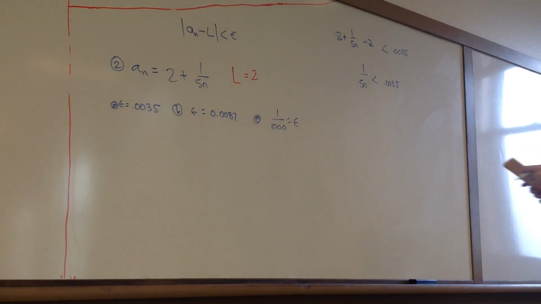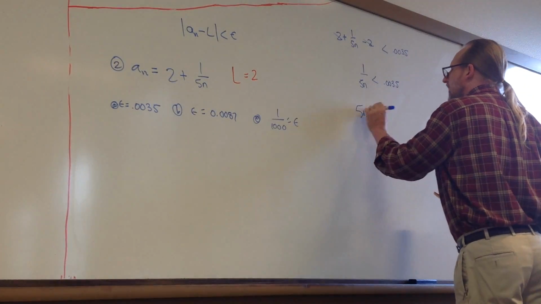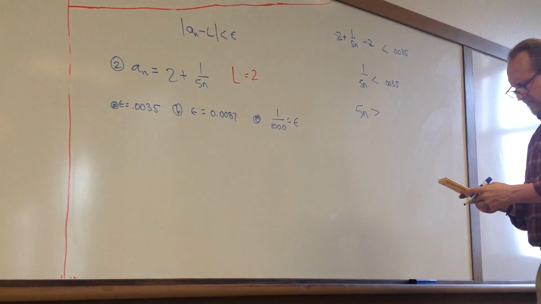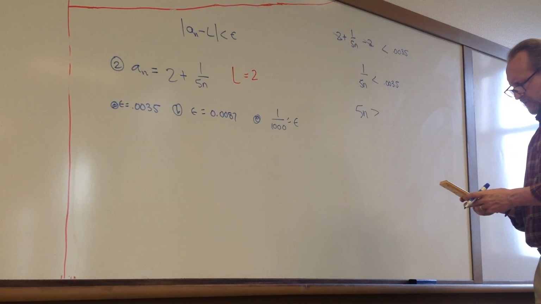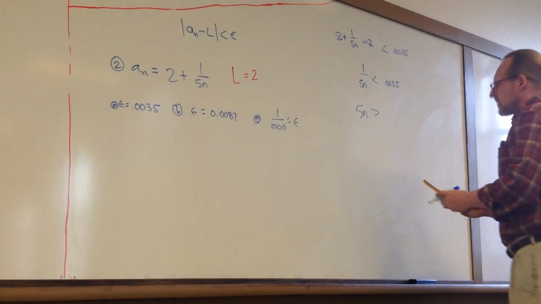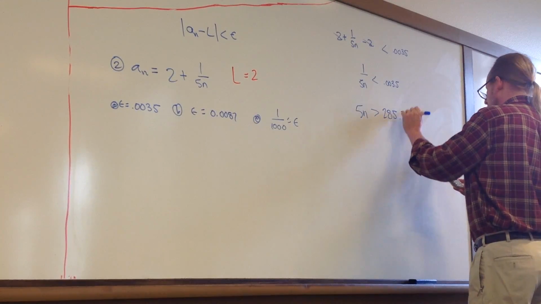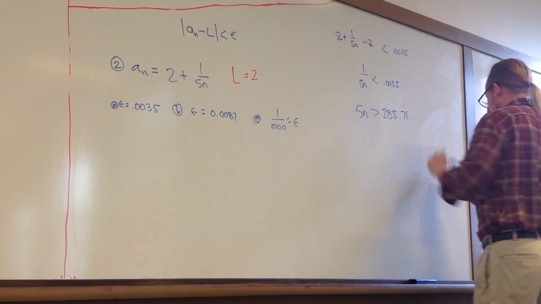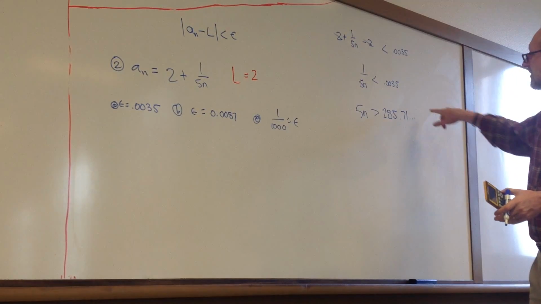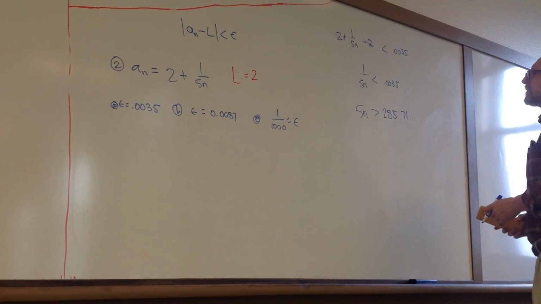Let's take reciprocals. So 5n greater than 1 over 0.0035, which is 285.71... These are sevenths, so I wouldn't worry too much about it.